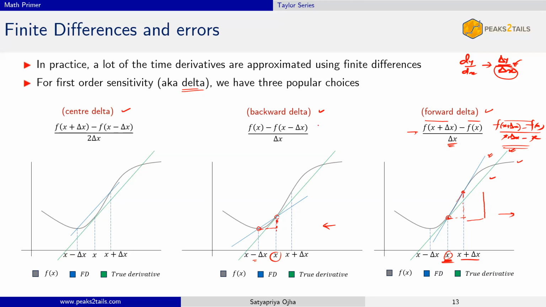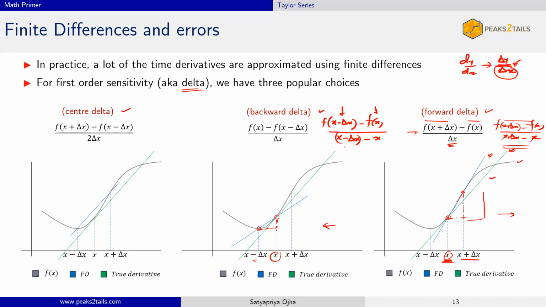Backward delta, you can write in two ways. I think the more natural way is this: new y minus old y. Remember, we are shocking the x backwards, shocking it down. New y minus old y divided by change in x, which is new x minus old x.